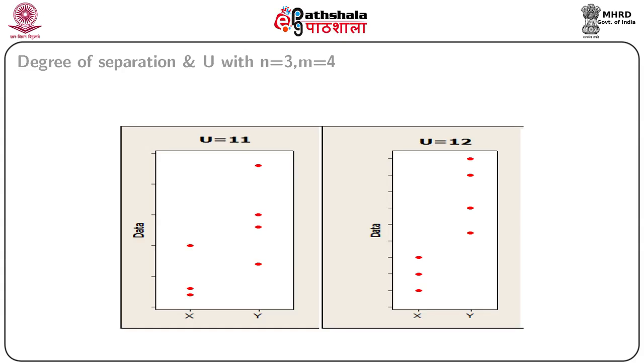Hence, most of the y values are higher than the x's and hence U is as high as 11. For figure 9, all y observations are shifted upwards and hence the two populations are completely separated, making U a maximum. Thus, U is extreme when the two populations are completely separated and takes intermediate values when the observations are well mingled. Thus, U serves as a measure of degree of separation of the two populations.